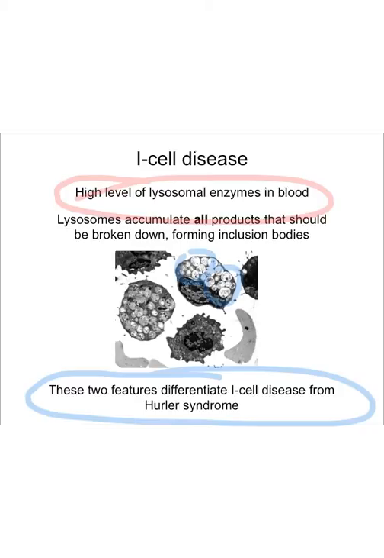I just want to point out that I-cell disease, despite having a trafficking problem of all lysosomal hydrolytic enzymes, does not overlap with all the lysosomal storage diseases. For instance, the mental decline seen in Tay-Sachs disease or the bone problems seen in other diseases.